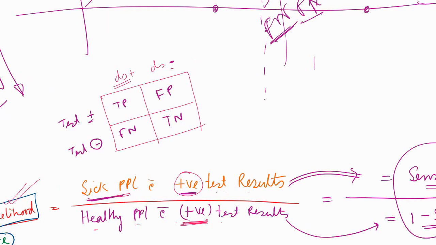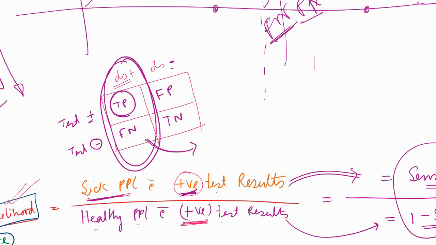If we apply this test in previously diagnosed cases of SLE, then the chance of such a person being positive is this. Sick people means this portion: diseased people who have positive test results. This is the true positive.